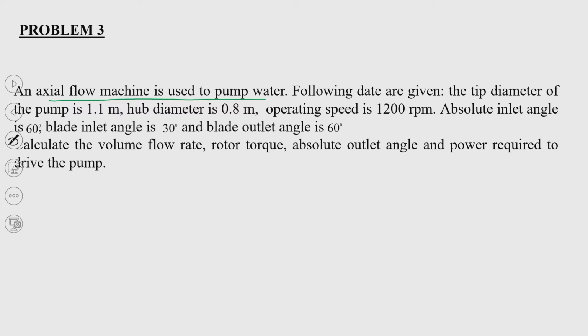The tip diameter of the pump is 1.1 meter, hub diameter is 0.8 meter, operating speed is 1200 rpm, absolute inlet angle is 60 degree, blade inlet angle is 30 degree and the blade outlet angle is 60 degree. So, these are given. What we need to calculate? We need to calculate the volume flow rate, rotor torque, absolute outlet angle and power required to drive the pump.